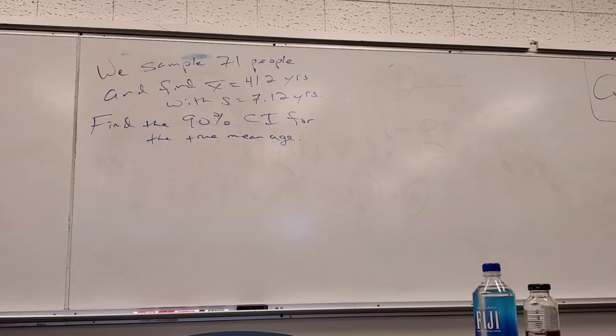So the first question is, how do we know we can do something? And what is it we're going to do? So what do we need to distinguish between, right? How many confidence interval formulas do we have?